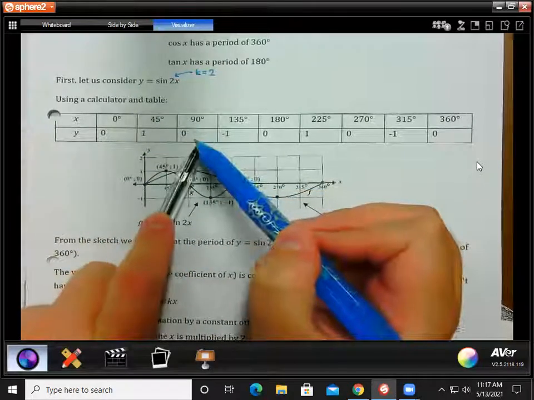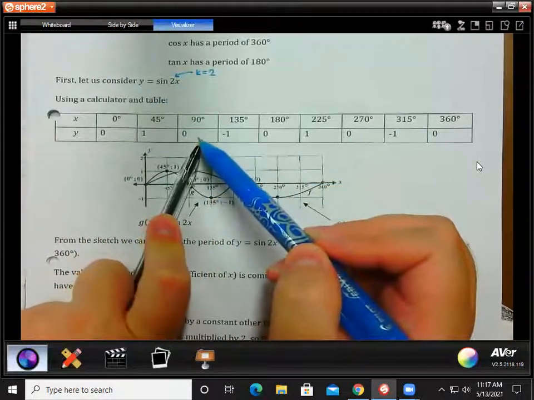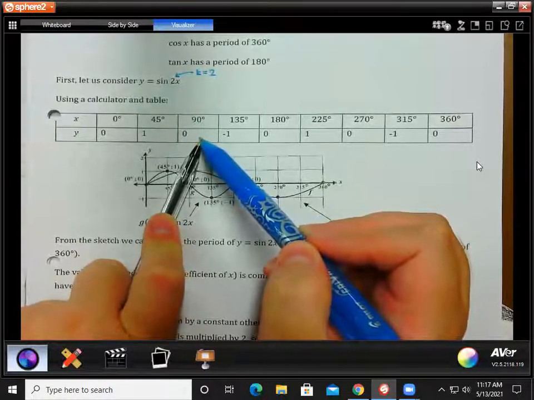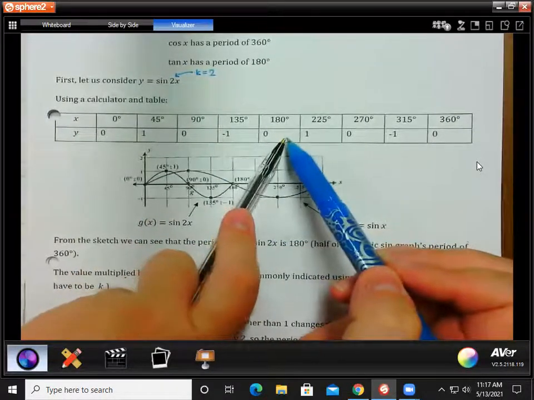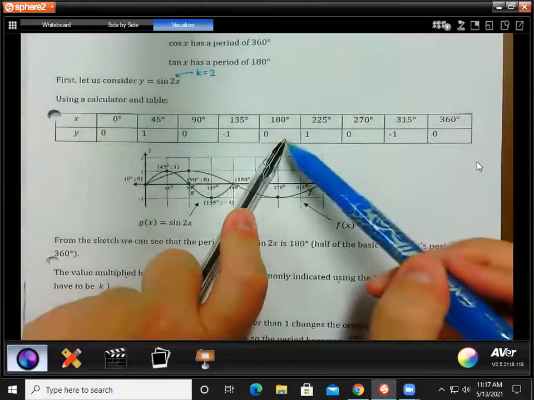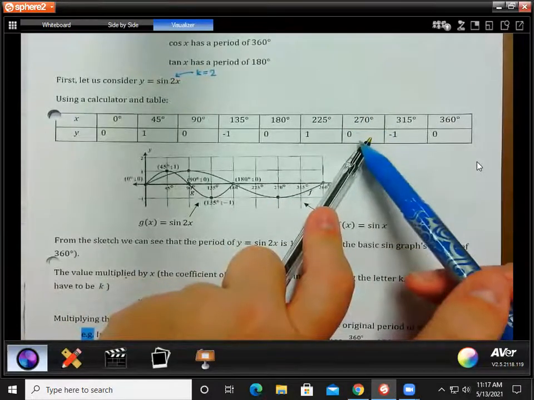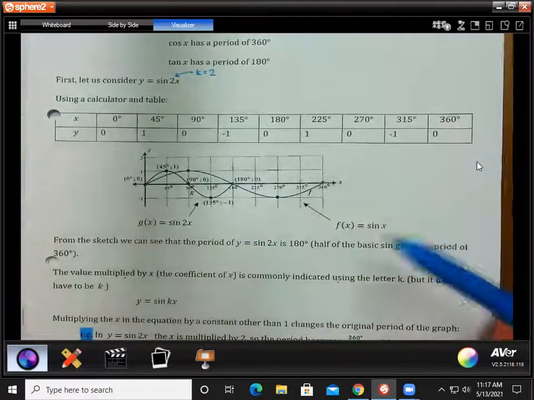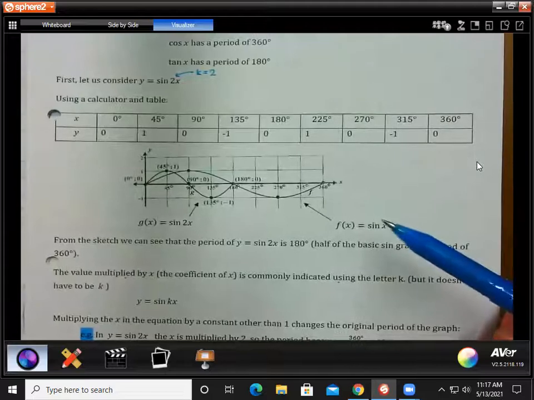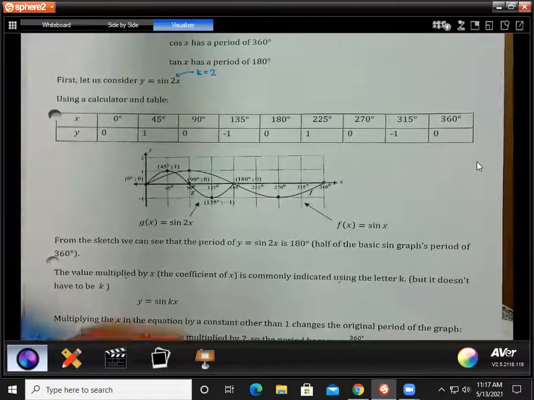Then you sub in 90: sin of 2 times 90 is again 0. Then the next one would be 180, our usual step, and again you get 0. The next value would be 270, again you get 0, and the same thing with 360. So what do you have there? Do you even know what the shape looks like if you just have a bunch of zeros?